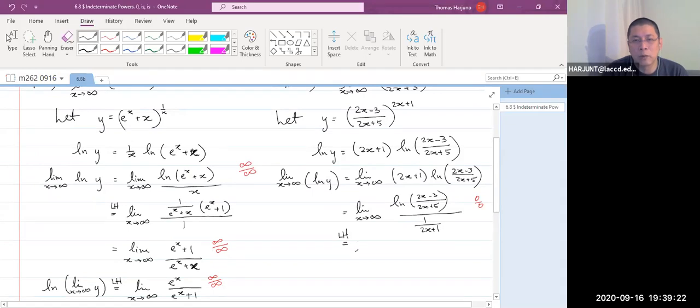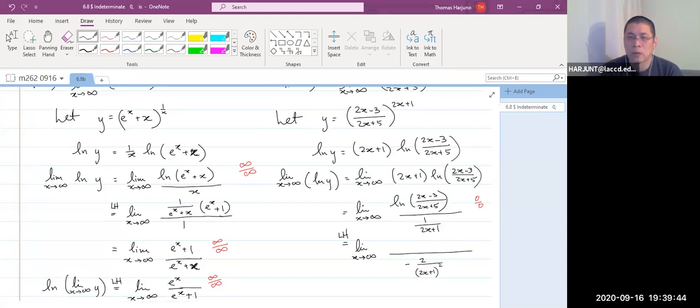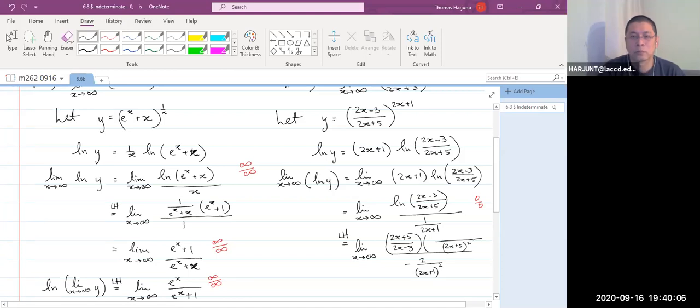Applying L'Hopital's rule, I will get the limit as x goes to infinity of, on the denominator, negative 2 over (2x plus 1) squared, while on the numerator, I will get the reciprocal of the argument, times the quotient rule, which is 2 times the denominator minus 2 times the numerator.